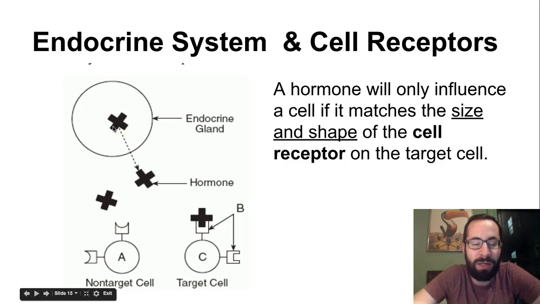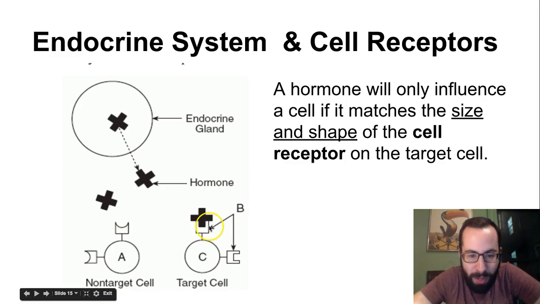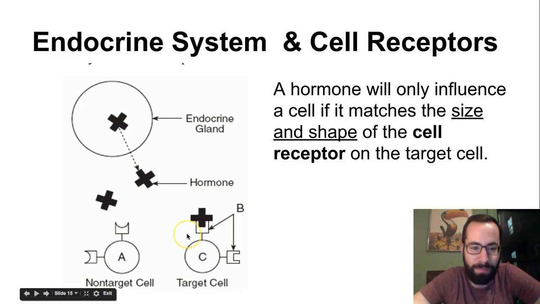Now the endocrine gland, something like the testes or the adrenal gland, will secrete a hormone, and that hormone will travel through your body by the circulatory system, transported in your blood, and it will go to a particular cell, and if that cell has the right receptor molecule, it will bond with it and will cause a desired change to take place. Now that only happens if the receptor molecule is the right size and shape, that is.